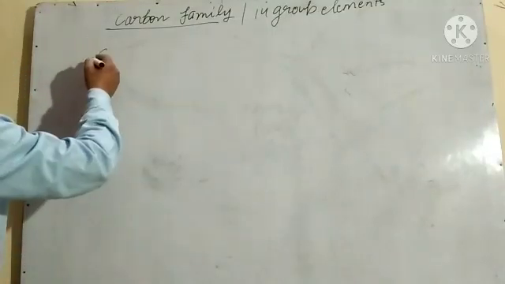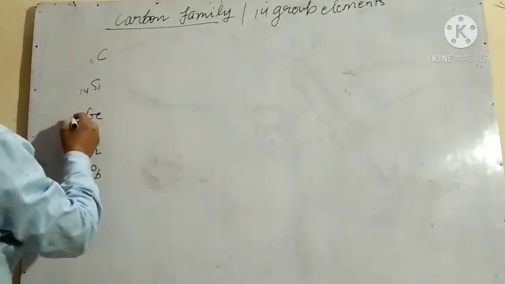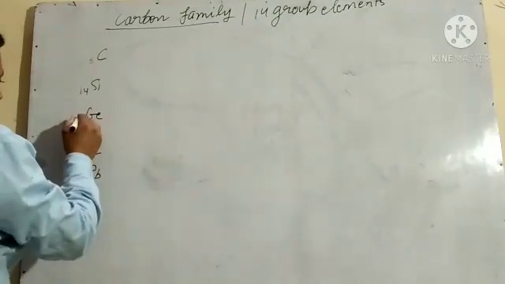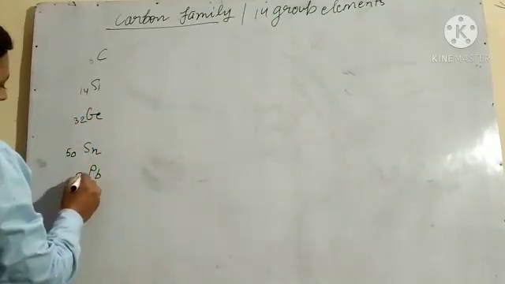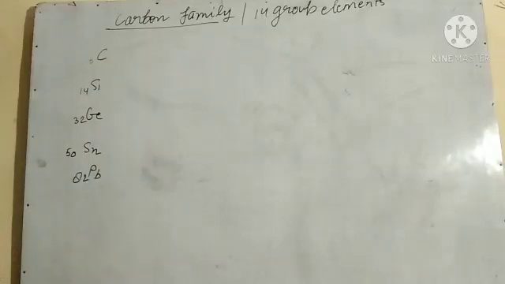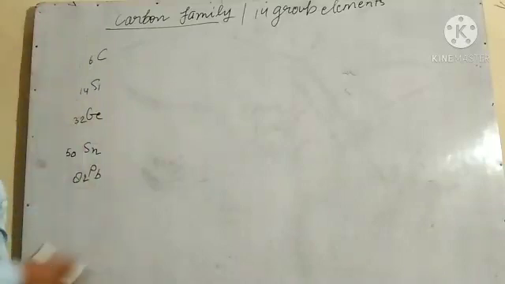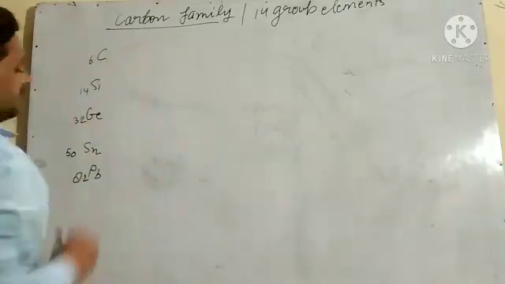Carbon atomic number 6, then 14, 32, 50 and 82. Okay students, if you learn one element's atomic number, you can learn the others also. So what is the trick for these p block elements?